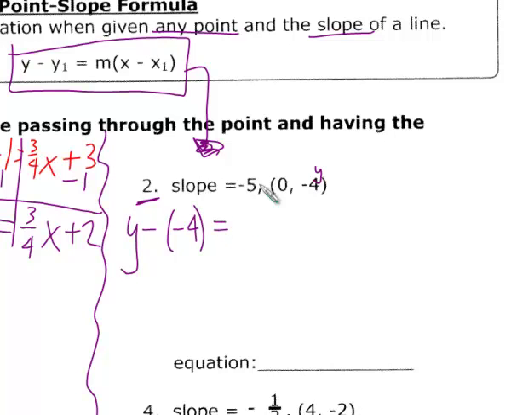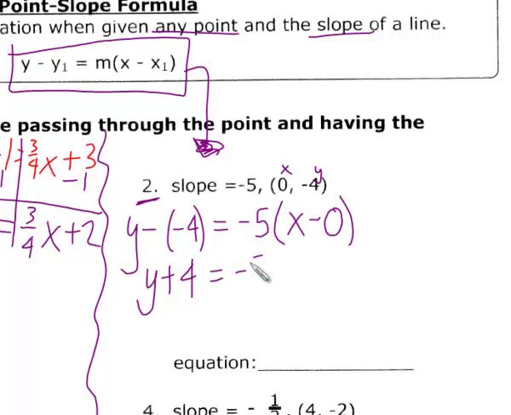And that equals my slope, which is -5, times x minus my x value, which is 0. y minus a negative is going to be y plus 4, and that equals -5 times x, which is -5x. We distribute. -5 times 0 is going to be plus 0.